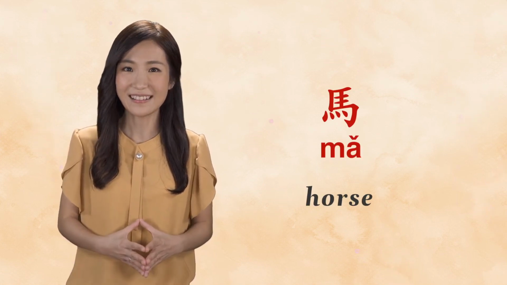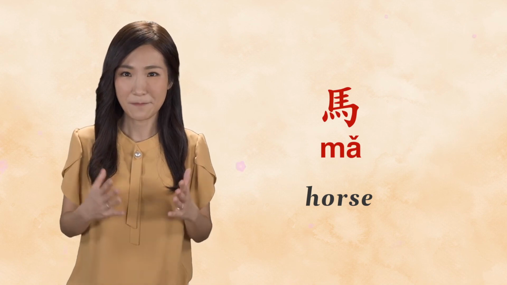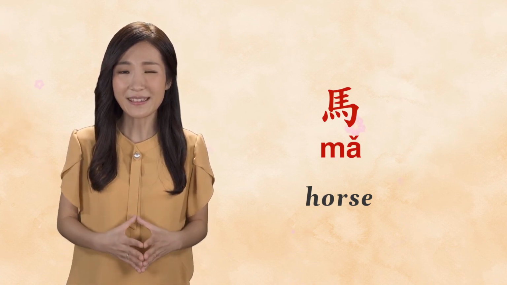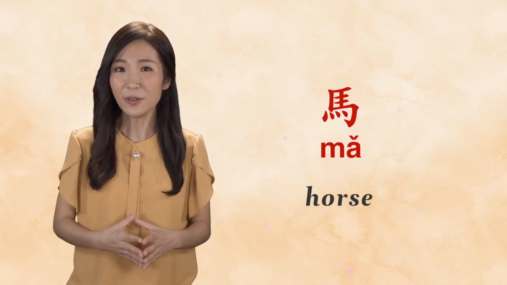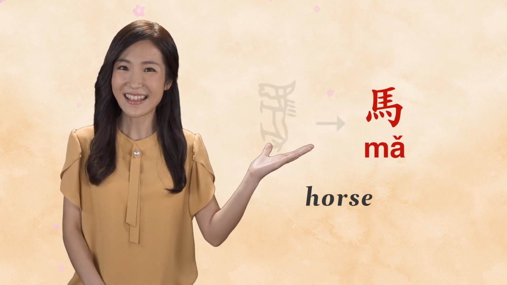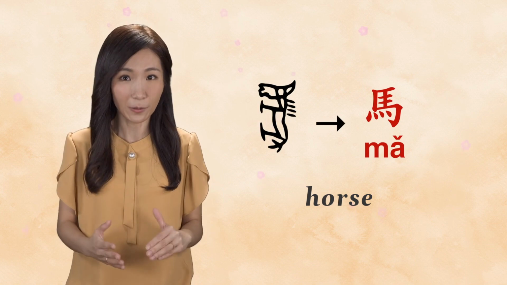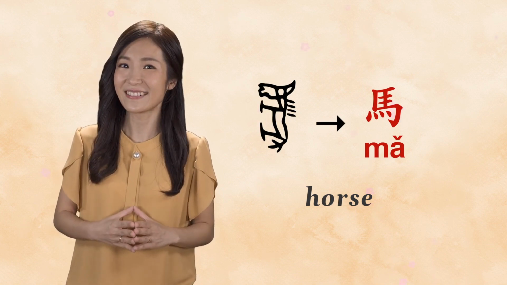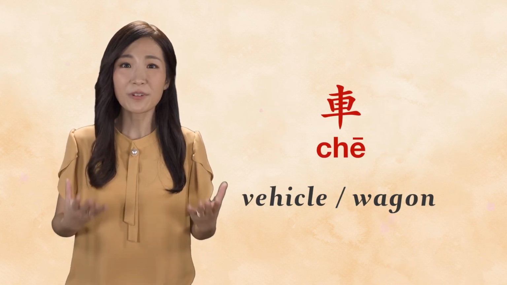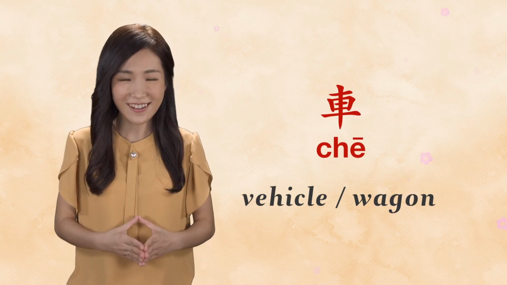Finally, let's look at a few characters that have to do with transportation. 马, pronounce with me, 马. This means horse, and it used to be written in an older form. Can you still make out the remnants of the old picture? 车, pronounce with me, 车.